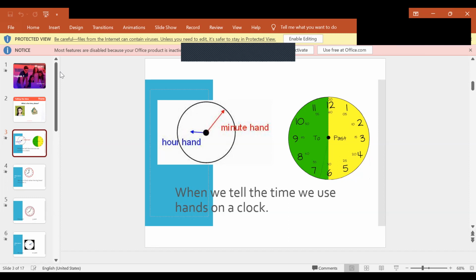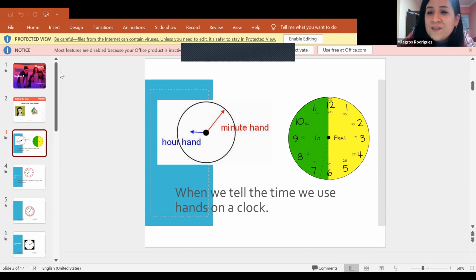And on the other clock, we can see how we can use these 2 phrases when we say a different time, when we don't say the exact time. When the time is sharp, we say it's, for example, 10 o'clock, right? But when the minute hand goes from 12 until 6 this way, in the yellow area, we are going to use the word past, right?